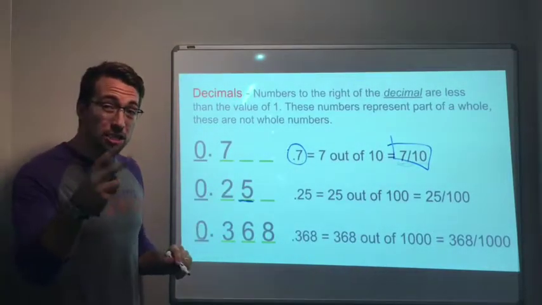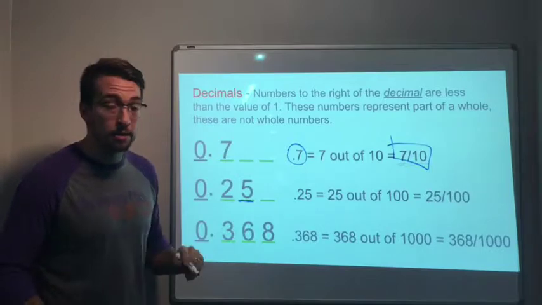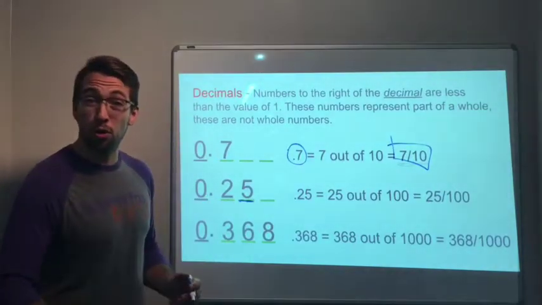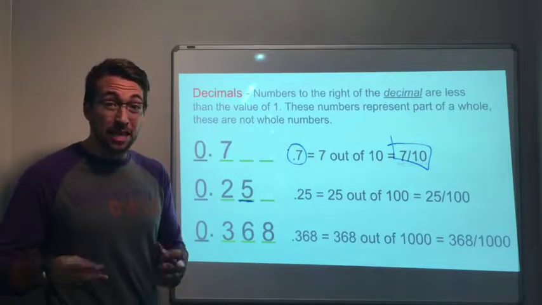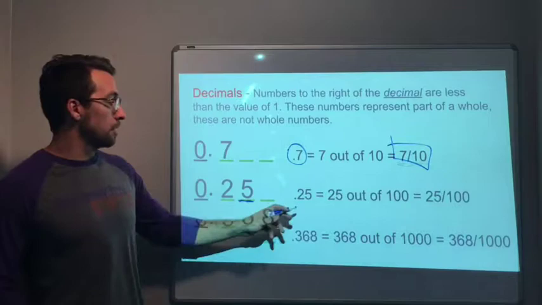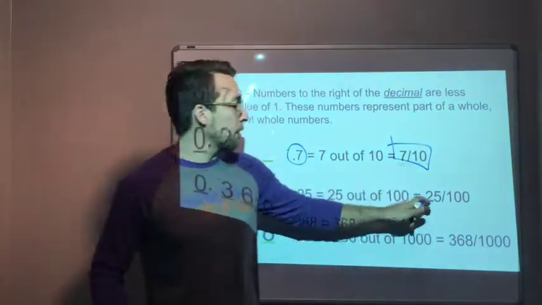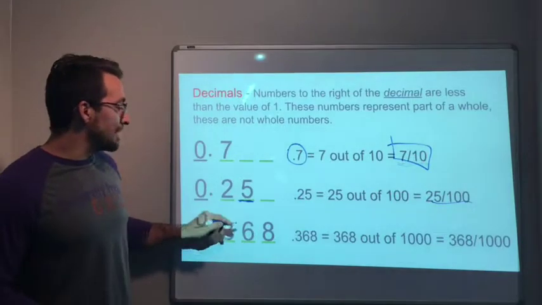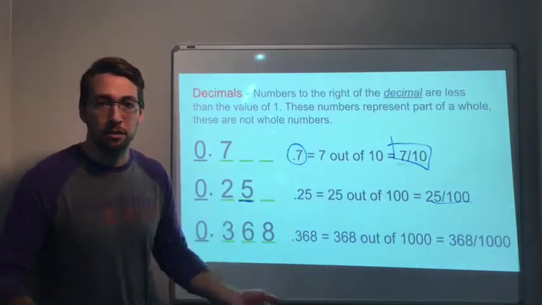The second digit is the hundredths place. 25 hundredths. Okay, so that's like a quarter. 25 cents out of 100 cents, which is $1. 25 hundredths. 25 out of 100, and then the fraction form, 25 out of 100. 368 thousandths.